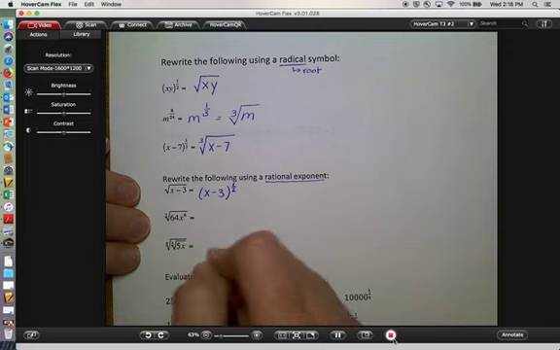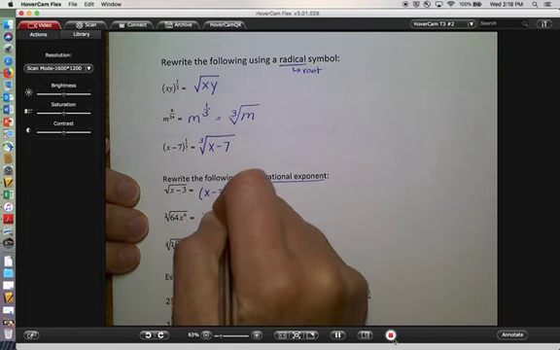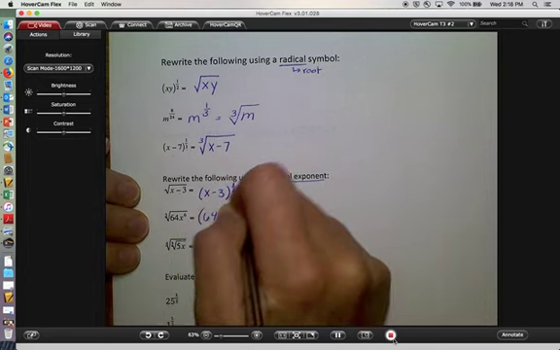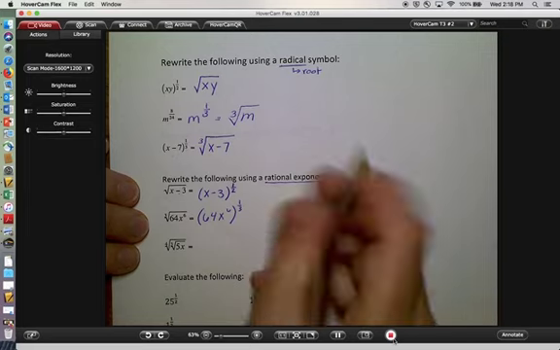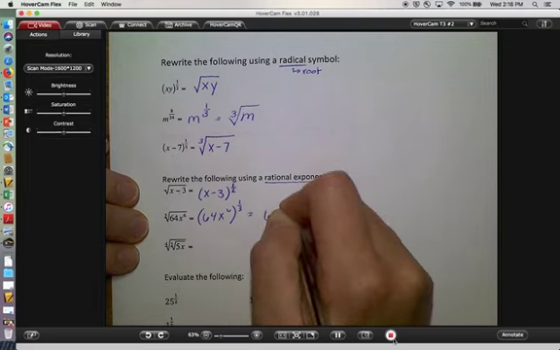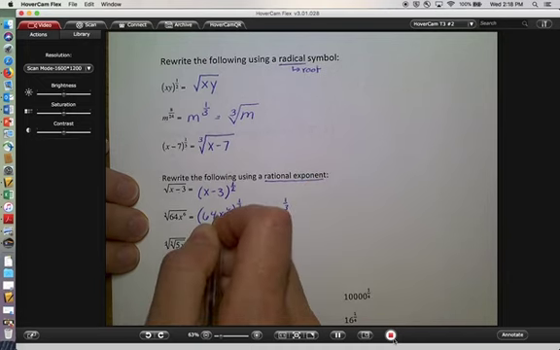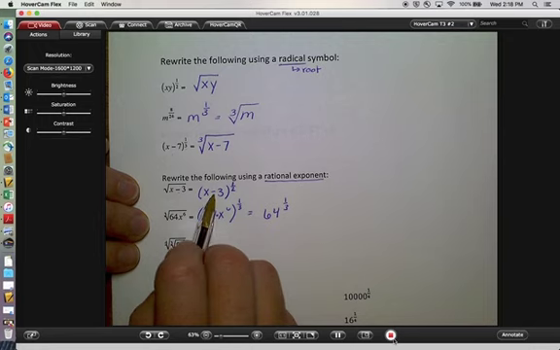All right, on the next one, we've got 64x to the 6th needs to be all raised to the 1/3 power. But really, we actually could simplify this a little bit more. One thing that I'm allowed to do is distribute that exponent. I can do that here because this is multiplication between the 64 and the x to the 6th. I could not do it up here because of that minus sign.